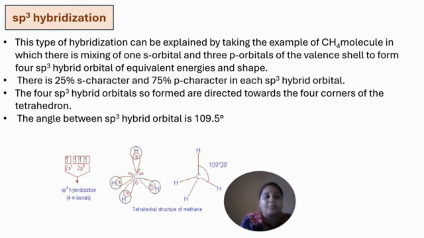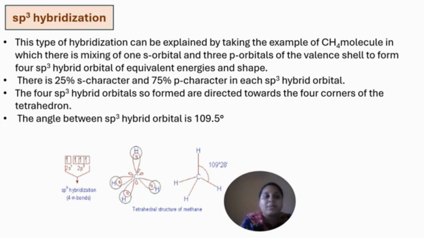Now sp3 hybridization. This type of hybridization is explained by taking the example of the CH4 molecule, in which there is mixing of one s orbital and three p orbitals of the valence shell to form four sp3 hybrid orbitals of equivalent energies and shape.